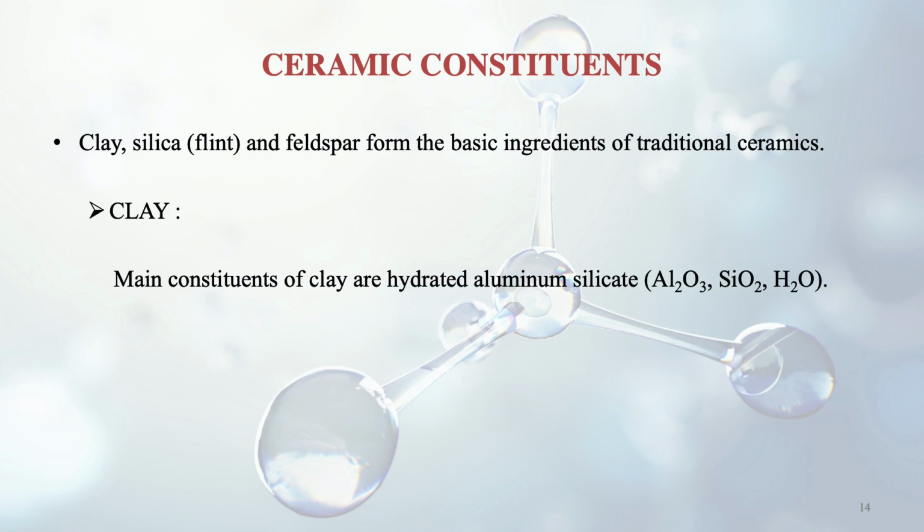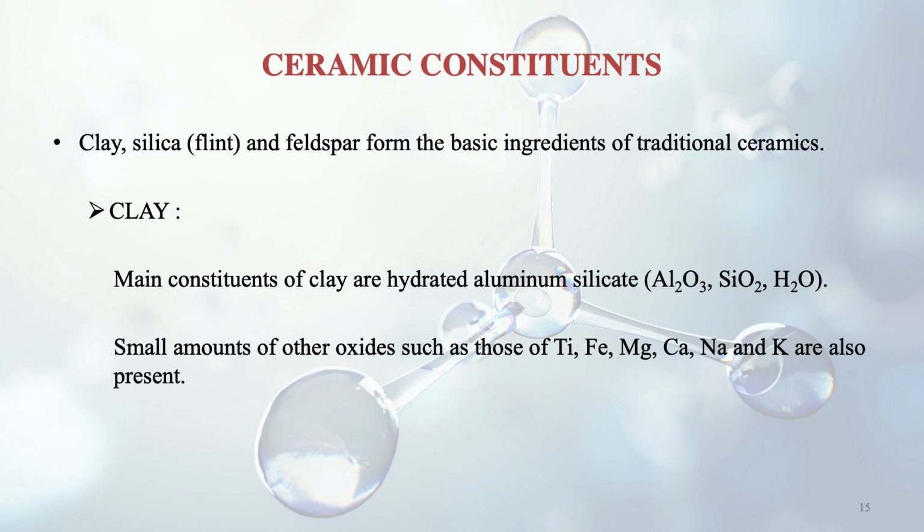The main constituent of clay is hydrated aluminium silicate, meaning the silica form of aluminium, that is aluminium silicate, both combined, and it has some water also. It is given here as a combination of Al2O3, SiO2, H2O. Small amounts of other oxides, like those of titanium, iron, magnesium, calcium and potassium, are also present. All these things make the clay.